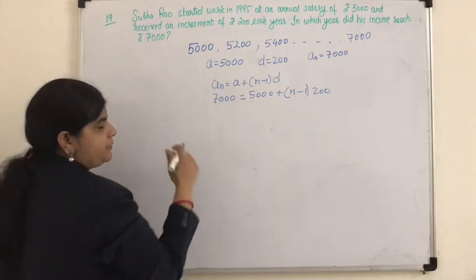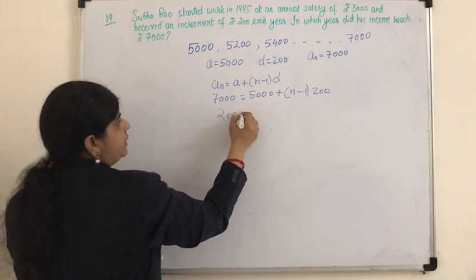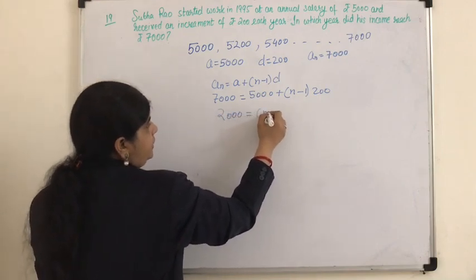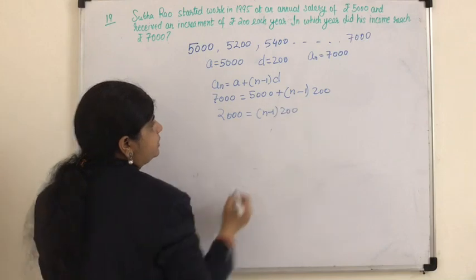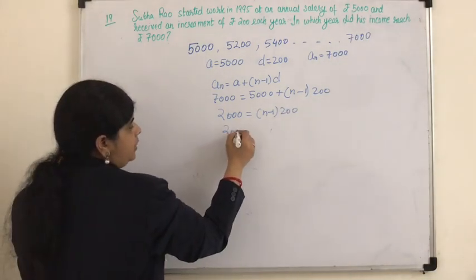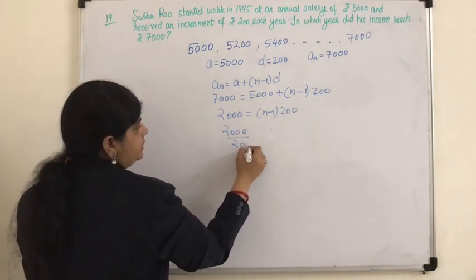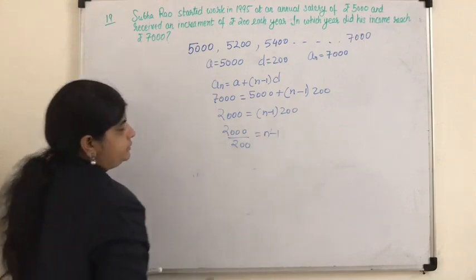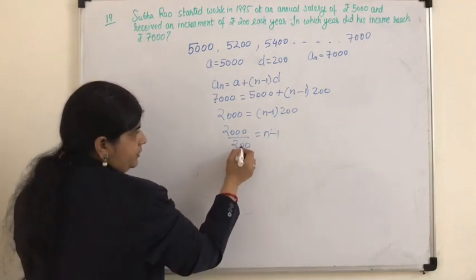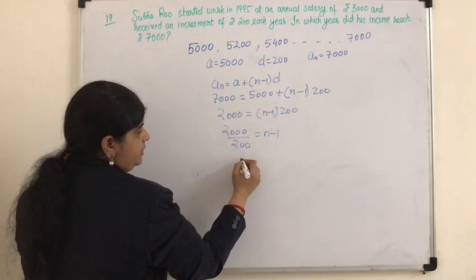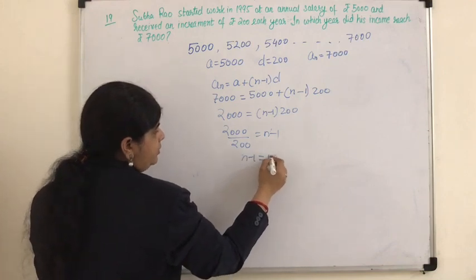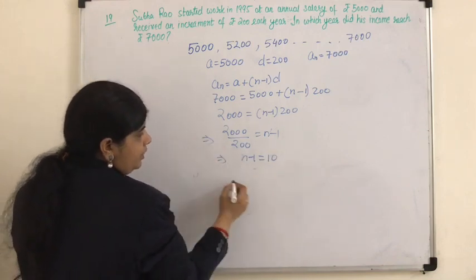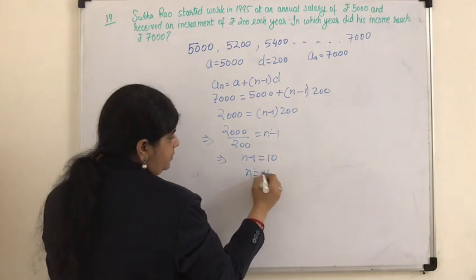Sorry, 7,000 minus 5,000 you will get as 2,000, is equal to n minus 1 into 200, or 2,000 by 200 is your n minus 1, which is simply 10. So n minus 1 is equal to 10, or n is equal to 11.